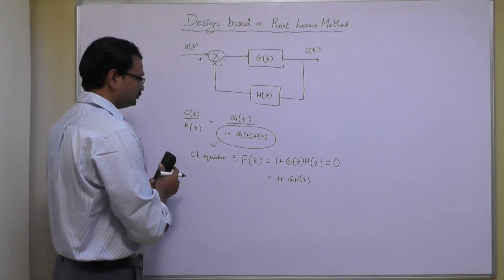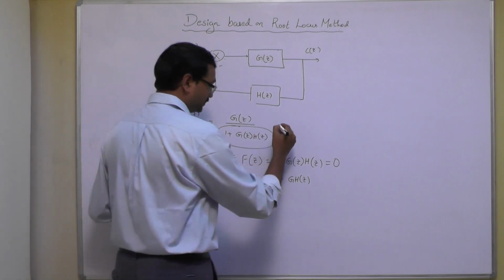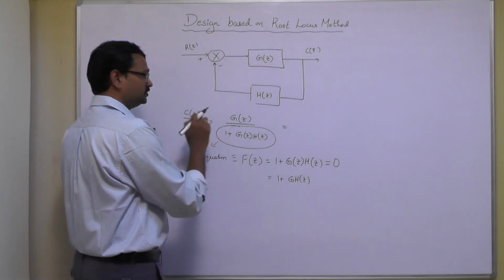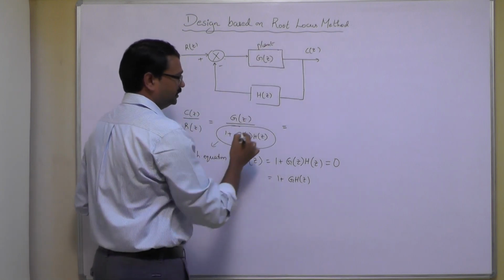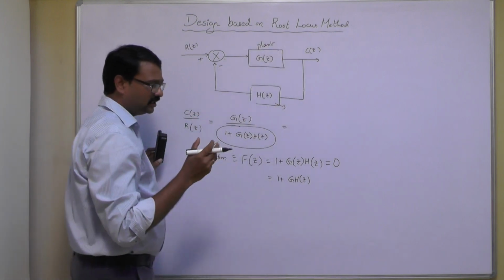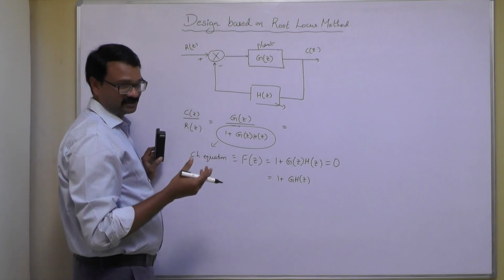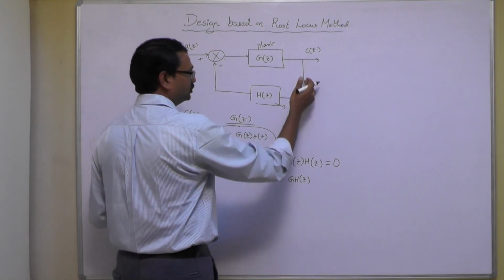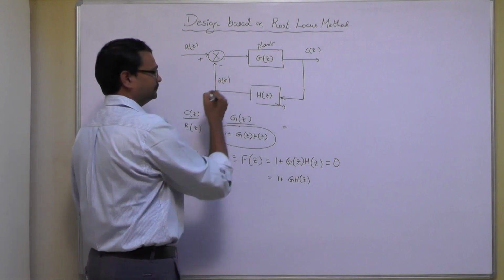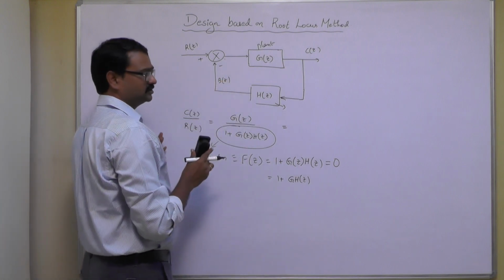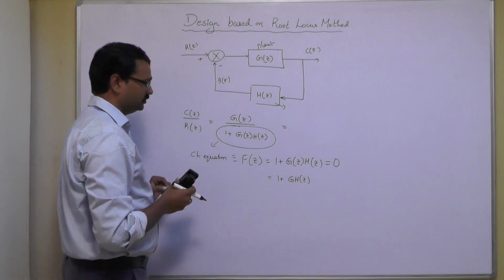Here, G of z is the plant or system, and H of z is another transfer function, whose input is C of z and output is some B of z, the feedback signal that we are going to get.